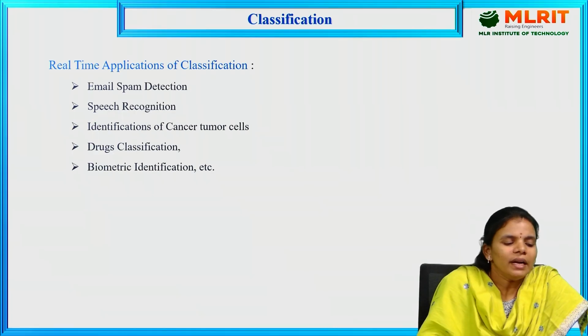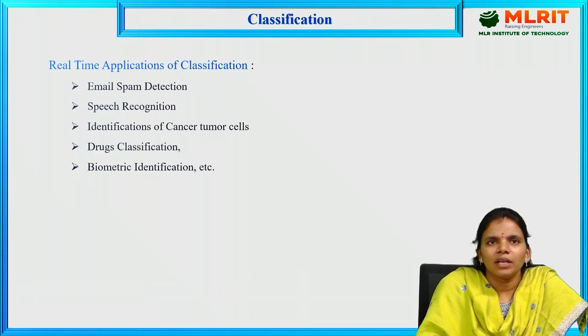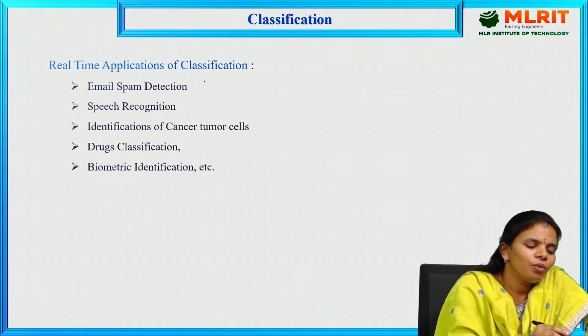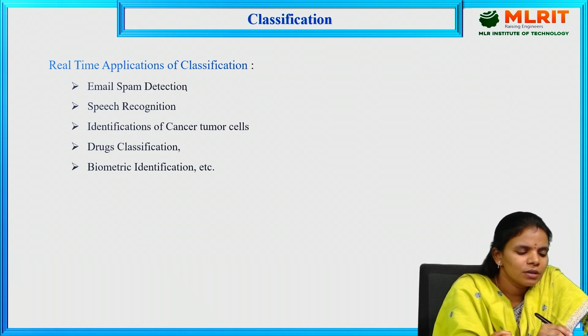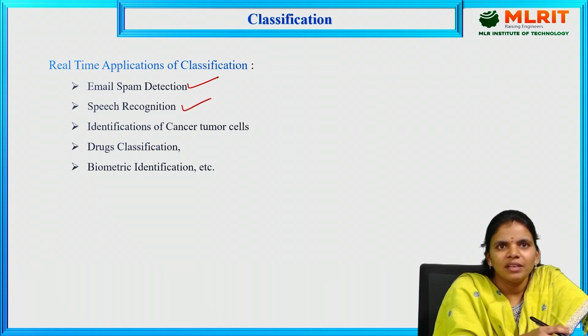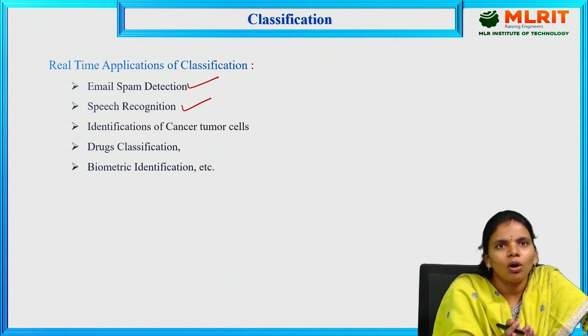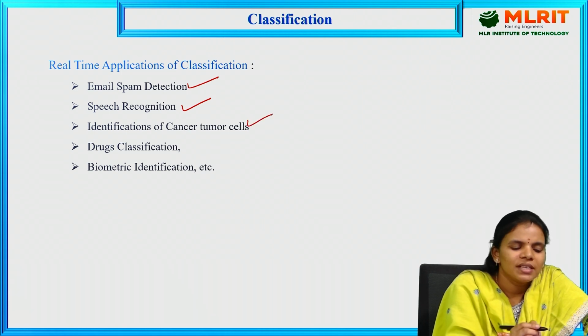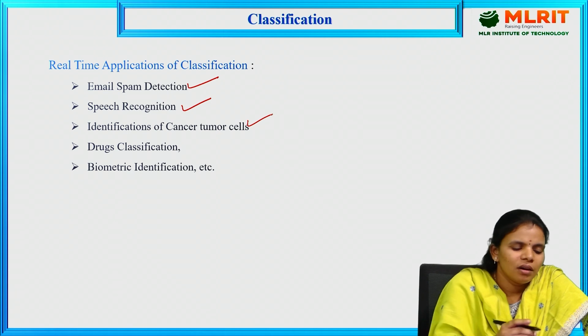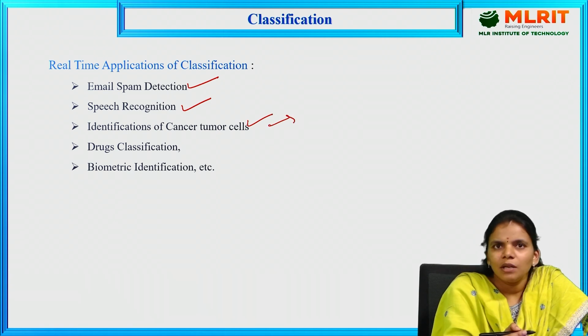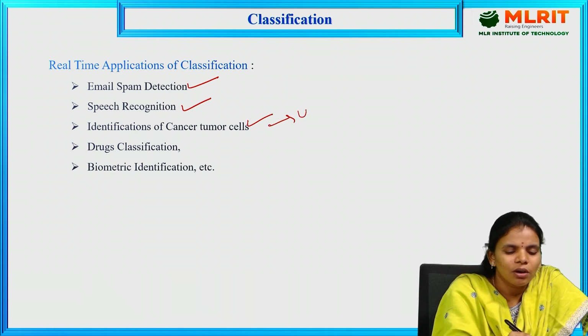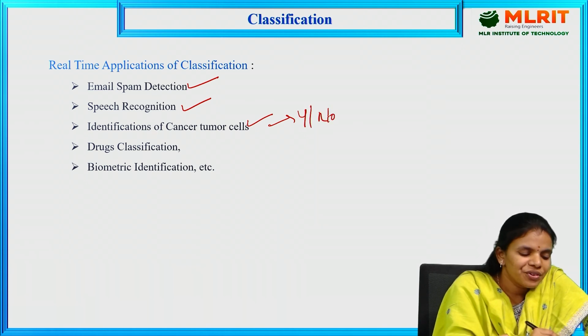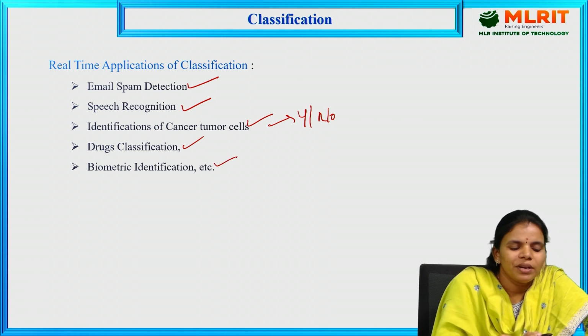Next, the real-time applications of classification algorithms. We can use classification algorithms in email spam detection, and speech recognition, whether that voice belongs to that person or not. Identification of cancer tumor cells, meaning whether the patient has cancer or not, so the output is yes or no. And drug classification and biometric identification.